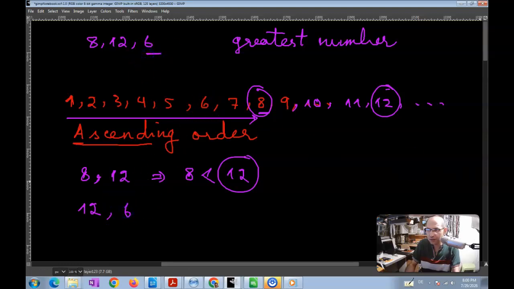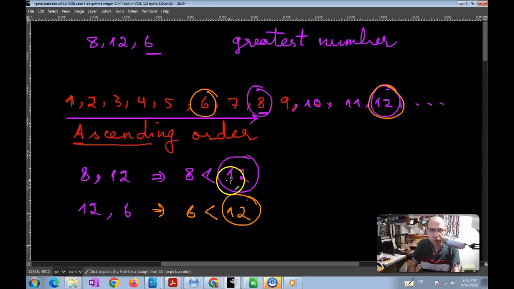You see that 6 is right over here, and 12 is right over here, and because 6 is located to the left of 12, I can say that 6 is less than 12, right? So that means that 12 is the greater number still. So 12 was greater than 8, it's also greater than 6. That means that 12 is the greatest number on this list. That's how you compare numbers at this stage.